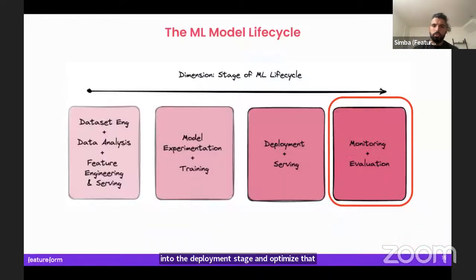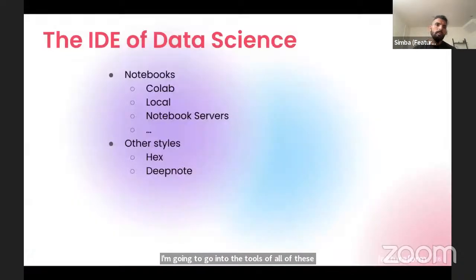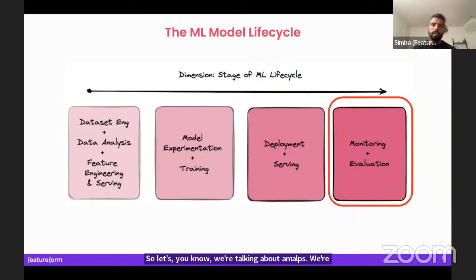I'm going to go into the tools of all of these four stages, but I kind of want to start with why we're talking about MLOps. We're trying to operationalize this lifecycle. What we're trying to do is make it so that as a data scientist, I can move very quickly. I can collaborate well. That's especially relevant if you're at a big company.